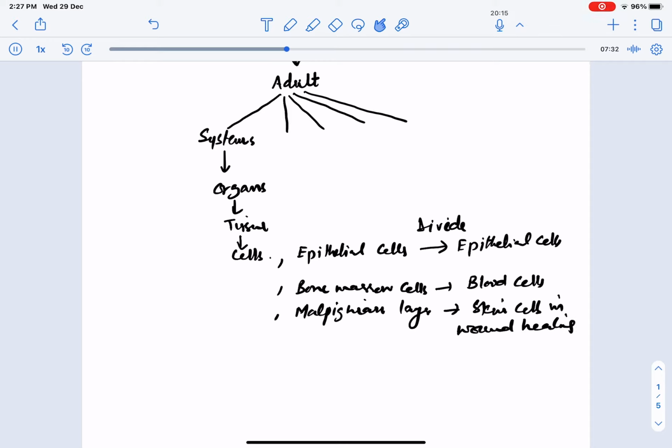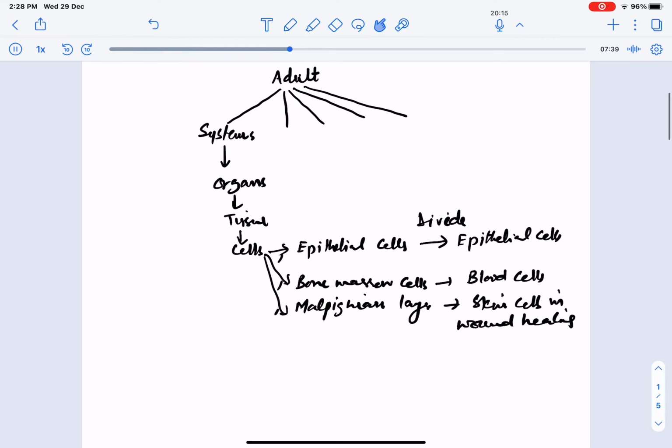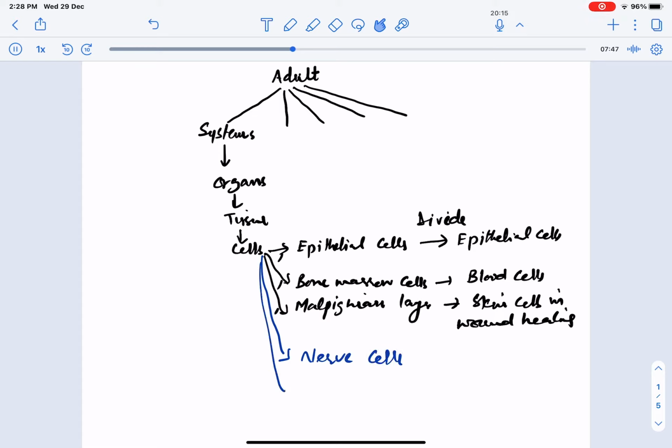But other cells like nerve cells, muscle cells, and even blood cells, they don't further divide.